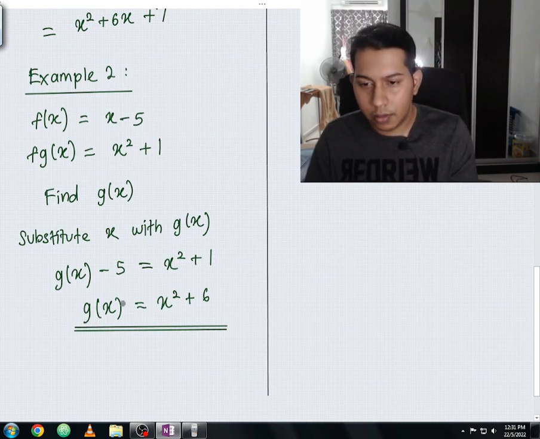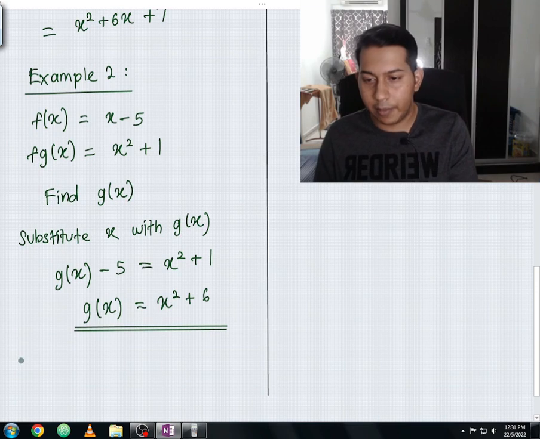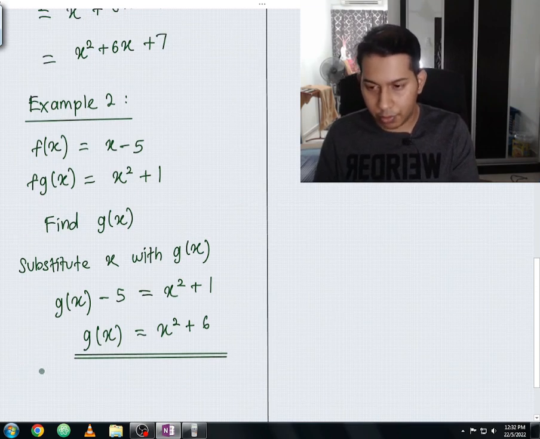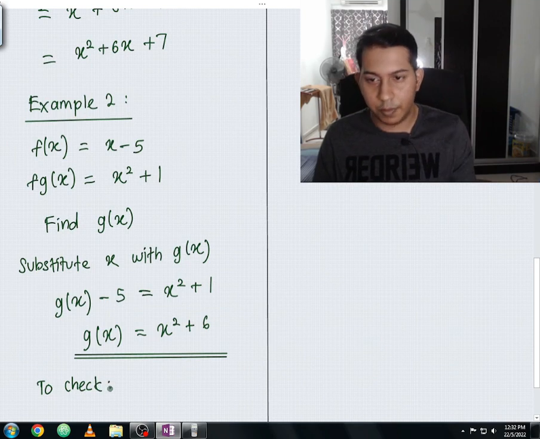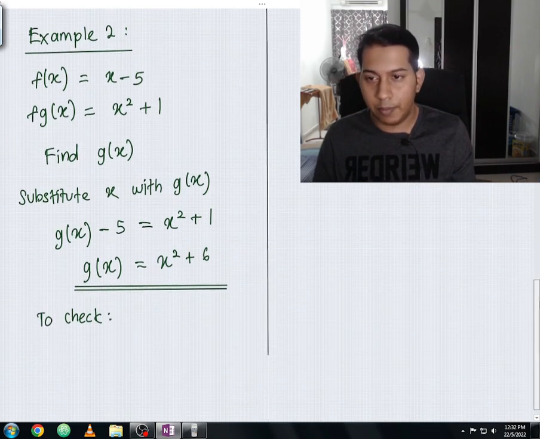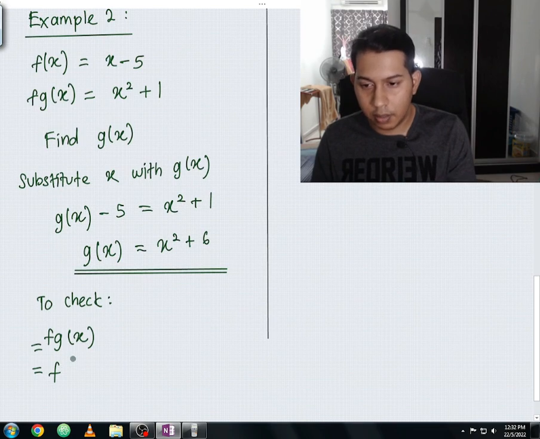If you want to know whether your answer is correct or not, we can check back. So to check, we're going to apply the same composite function fg(x). In this case your g(x) is x squared plus 6.